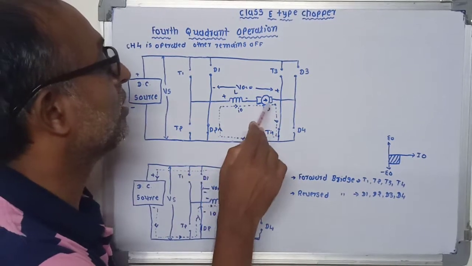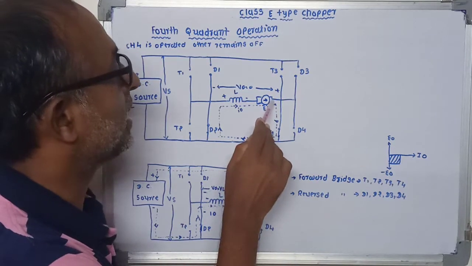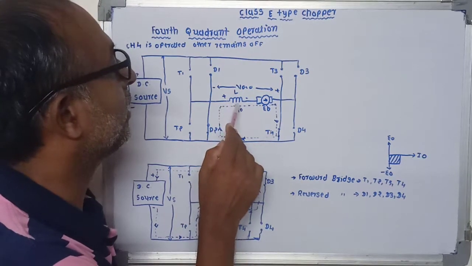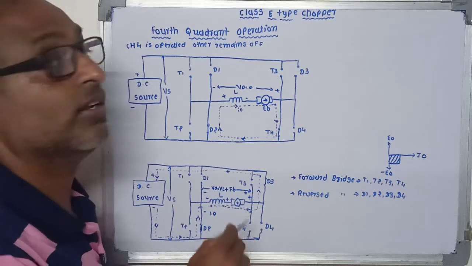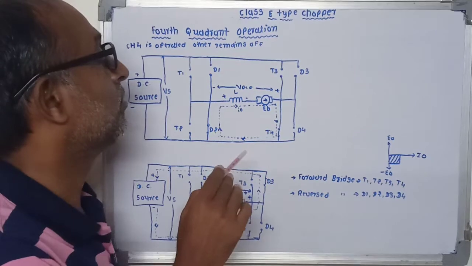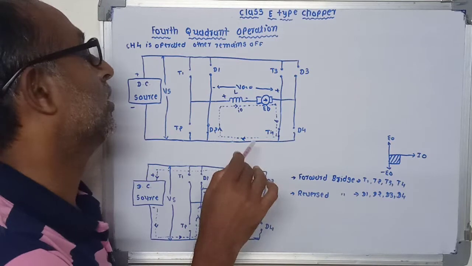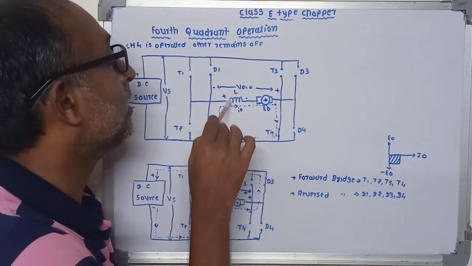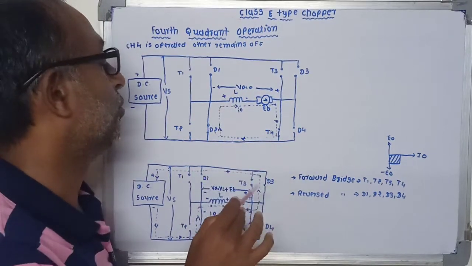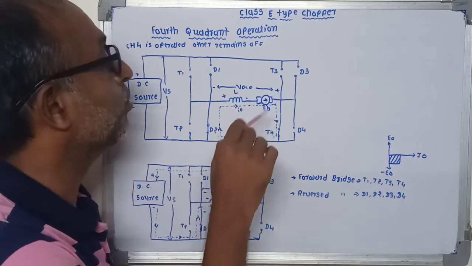So the load current flows through this circuit from back EMF to CH4, then D2, then inductor L. You can see that the output voltage across this load is 0, but the load current passing through this load is positive. When the current is passing through this inductor, some energy is stored in this inductor. So your output voltage is 0 and the current is in positive direction.